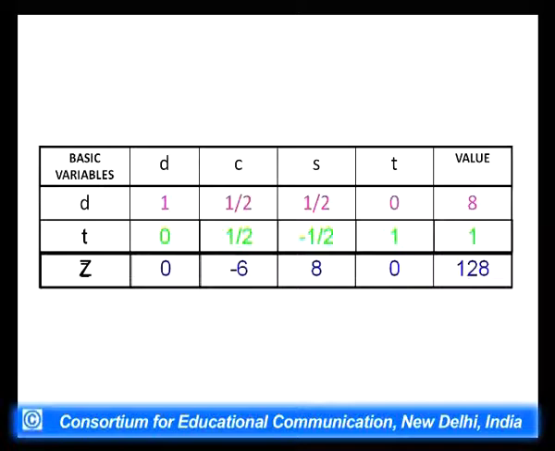Now we are left with one negative value, and the same operation will be done on this row also. Again we will find the pivot column, again we will find the pivot row, and again we will convert the values in the pivot column to 0, and then we will have another table.